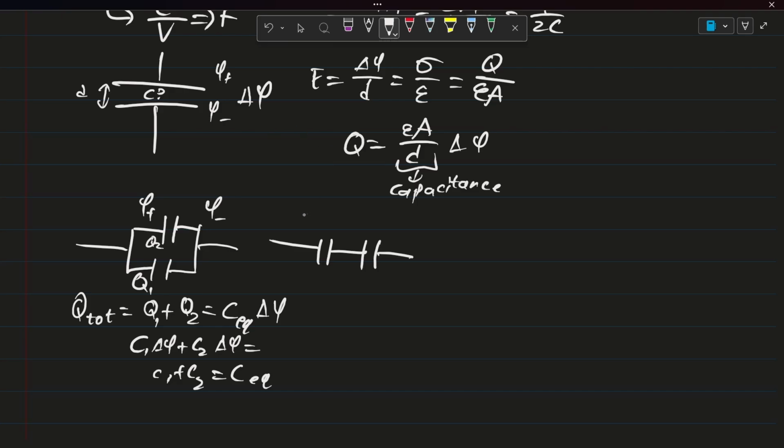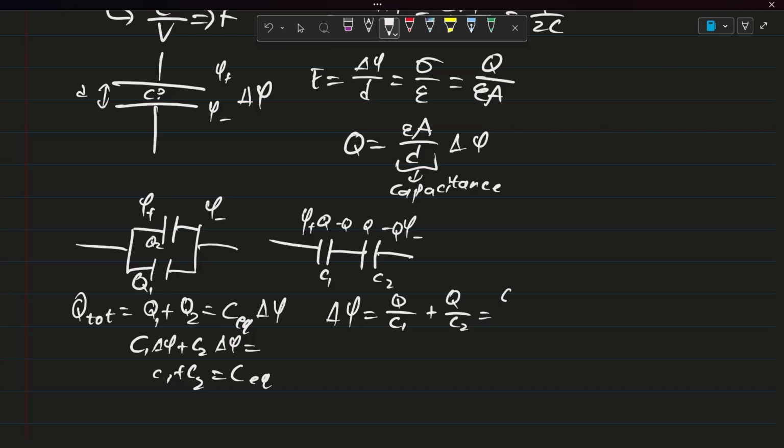For the series, if let's say this is phi positive and this is phi negative, there will be charge buildup here and negative charge buildup here. But also this would mean that for each capacitor, there would be an opposite charge on each of these, like so. So if this is capacitance 1, this is capacitance 2, our total change of phi would be the change of phi from the first one and the second one added up. So it's like Q over C1 and Q over C2.